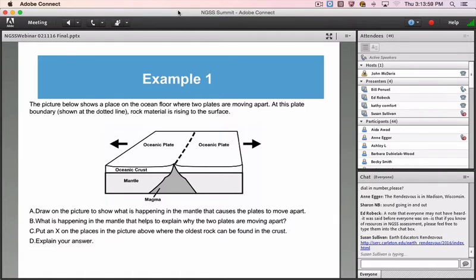What really is activated here are a couple of different practices, both explanation and modeling, and a disciplinary core idea in earth science education, focused on the dynamics that are happening inside the earth that explain the patterns that we see on Earth's surface and ocean floors.